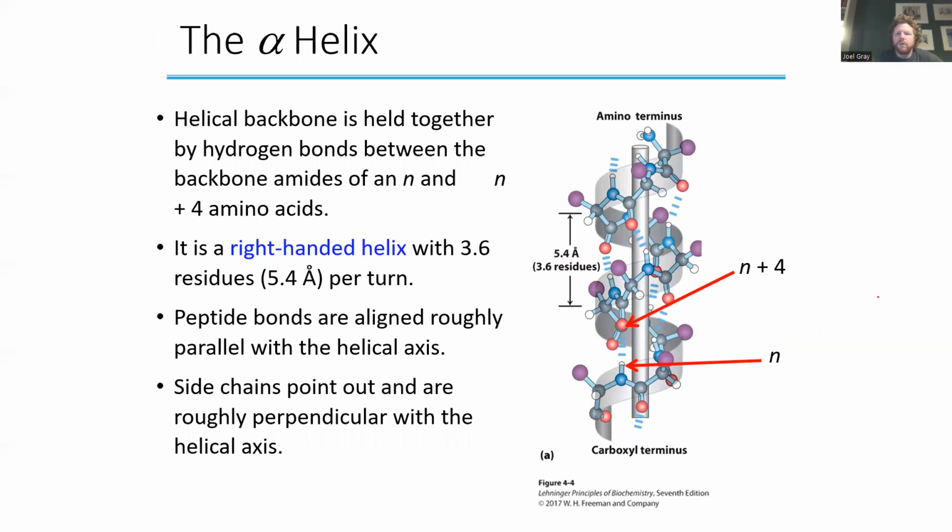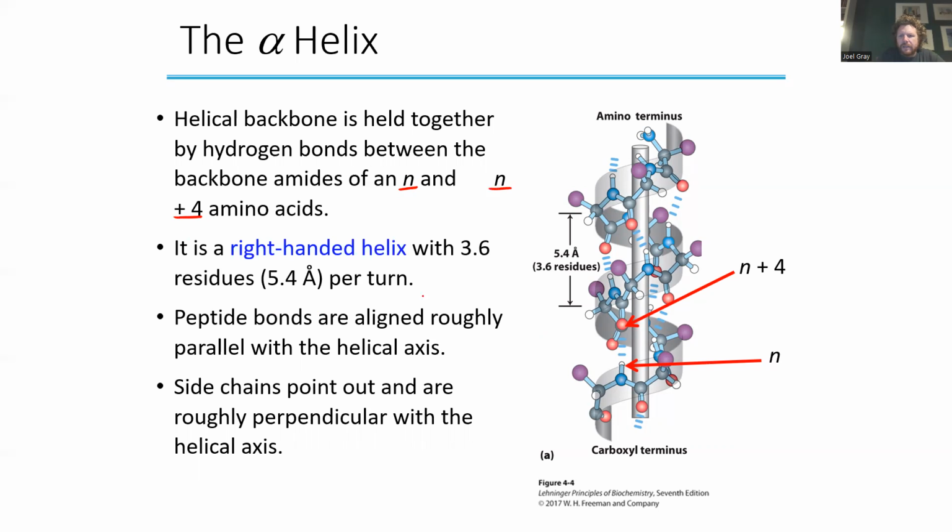Okay, so the first of our two structures is known as the alpha helix. The alpha helix is a helical backbone which is held together by hydrogen bonds between the backbone amides of an N and N plus 4 amino acid. What does that mean?